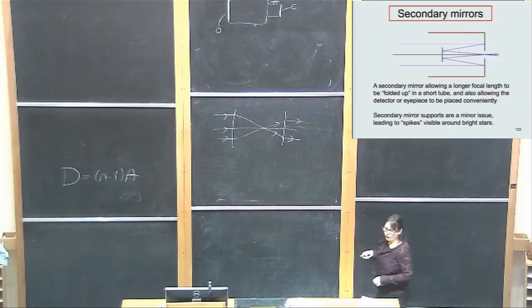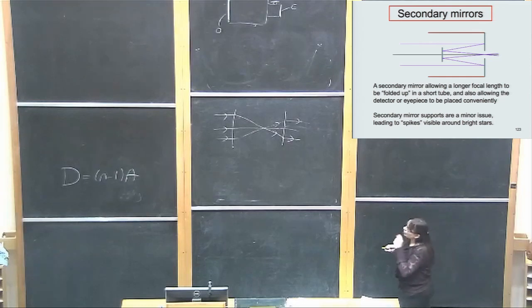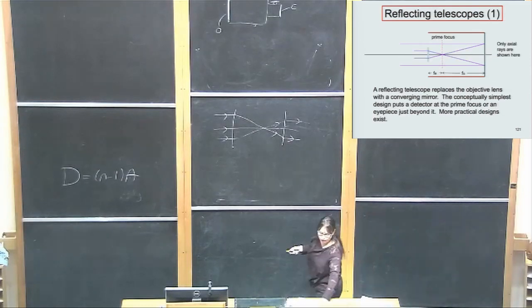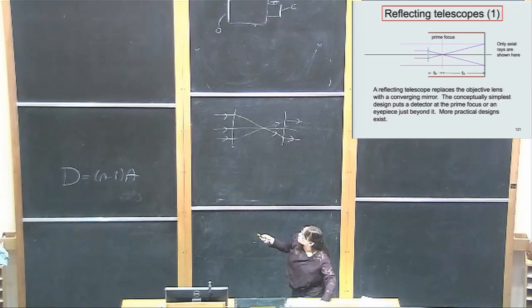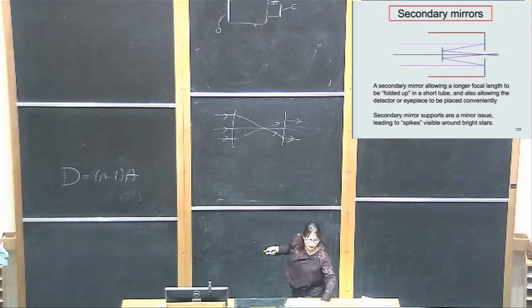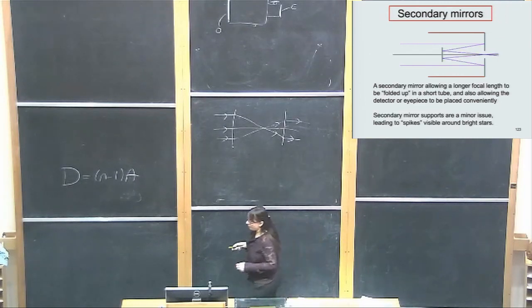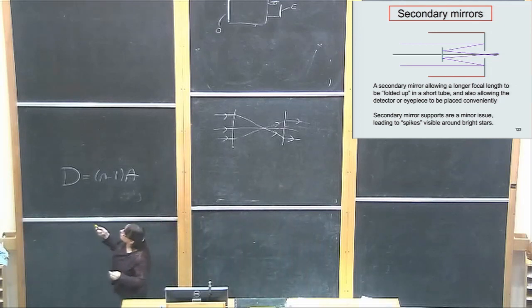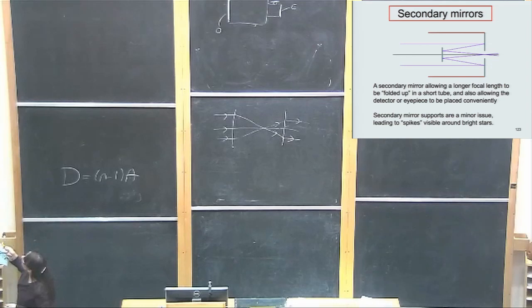So the big breakthrough was the idea of a secondary mirror. So rather than a lens, which I showed here, and the observer sitting here all getting in the way, here's the idea of the secondary mirror. The simplest way to do this would just be to have a flat mirror. So this is still the converging mirror, and if left to its own devices, it would focus down over here somewhere.